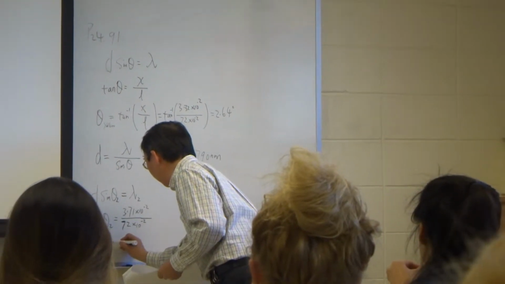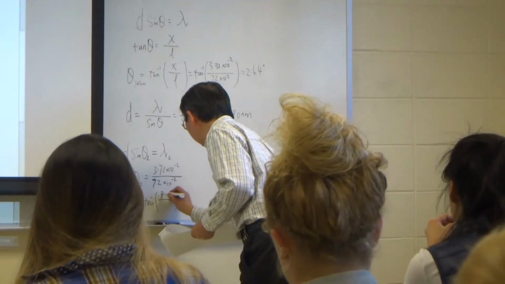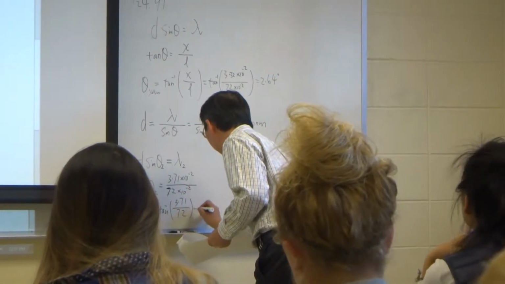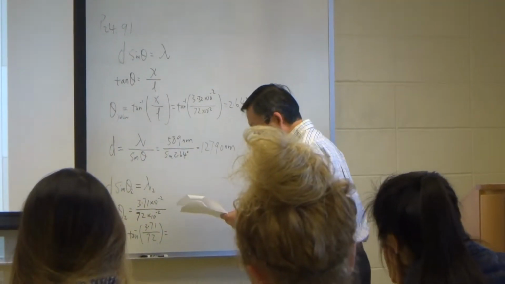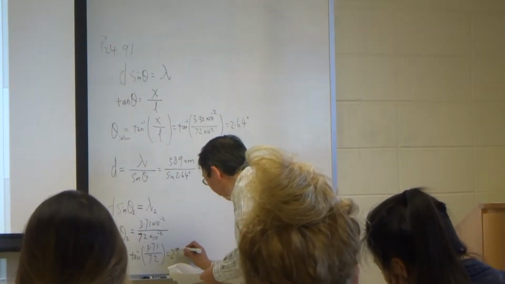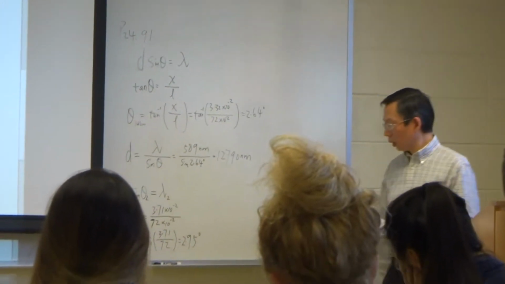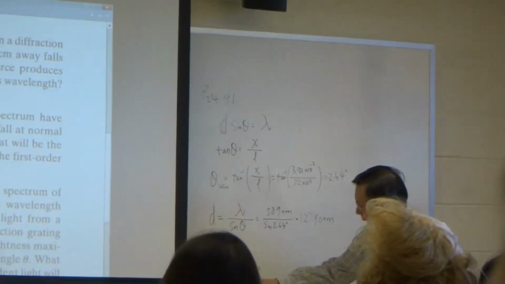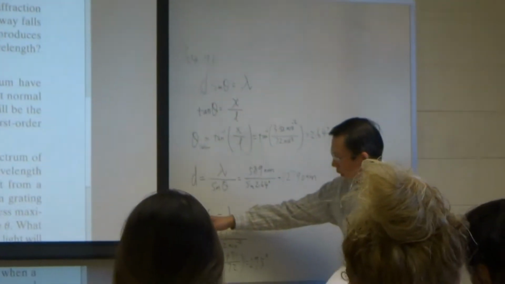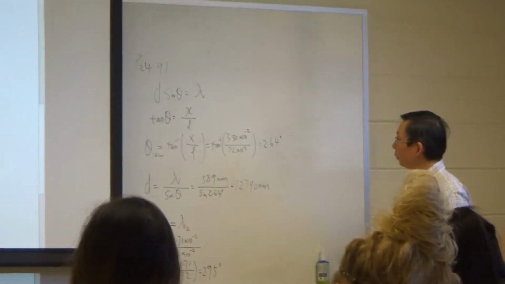Theta 2 is the arctangent of this number. So the angle equals 2.95 degrees. Okay, you got that angle, then you can go back to this formula. The angle is known, d is known, so we can calculate lambda 2.